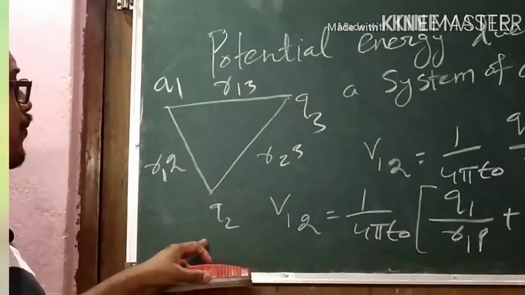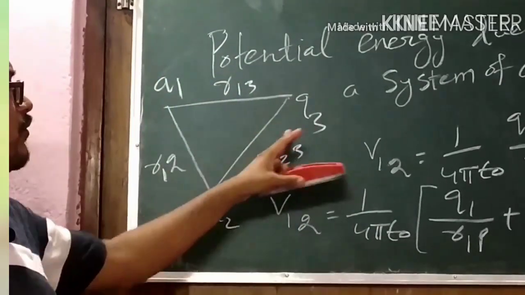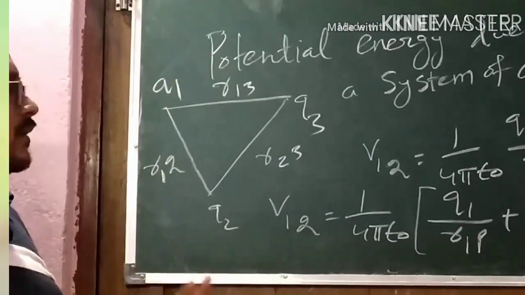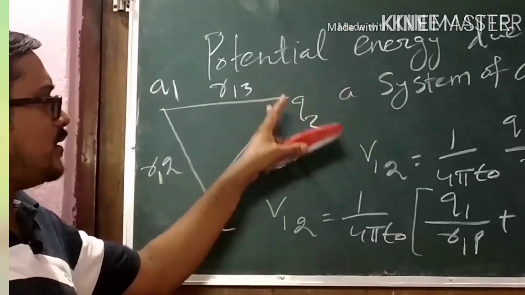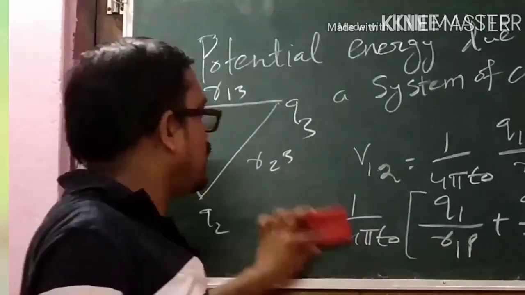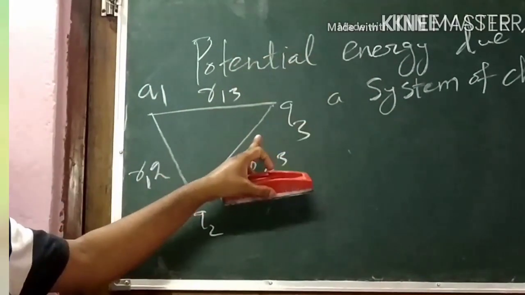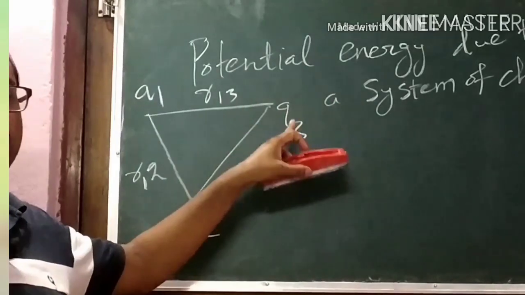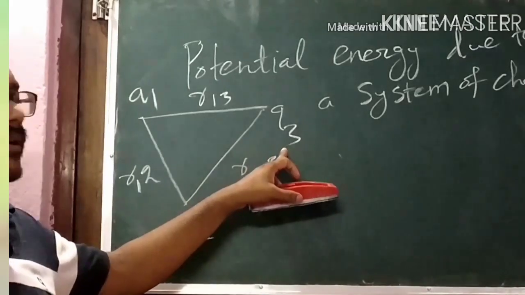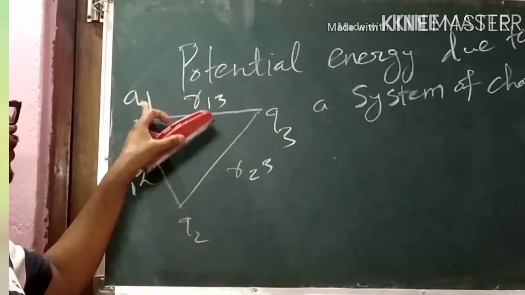We have already calculated the potential due to charge Q1, and the potential on Q2 due to Q1. Now we have to calculate the potential on Q3 due to these charges Q1 and Q2. We know the amount of work done in bringing the charge Q3 from infinity to the location R3 will be equal to Q3 times the potential at R3 due to Q1 and Q2.